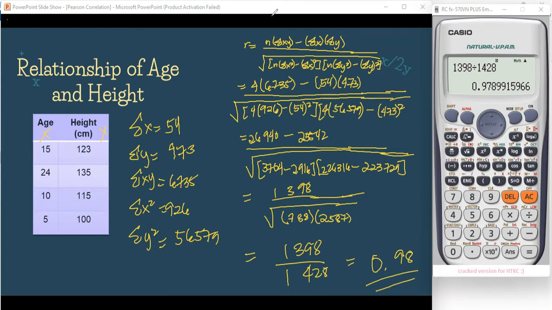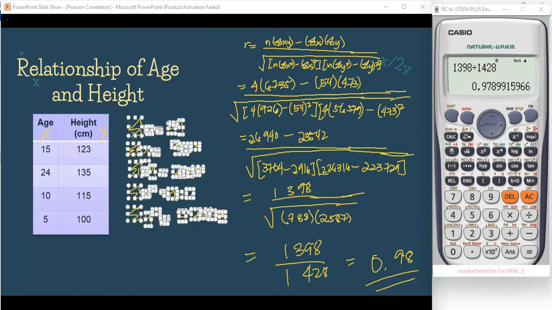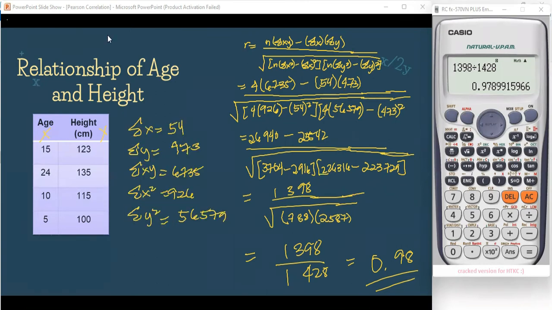Paano natin ito i-interpret? So my dear students, paano natin ito i-interpret? So we have here the table of interpretation. Kapag positive, negative 1, that is perfect. Pag meron tayong positive, negative 0.50 to positive, negative 0.99, that is strong correlation.